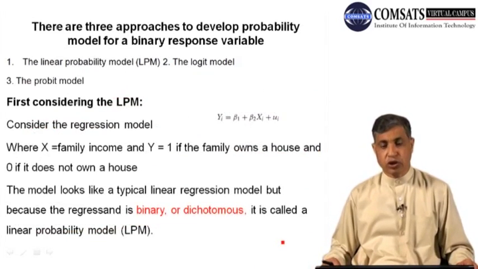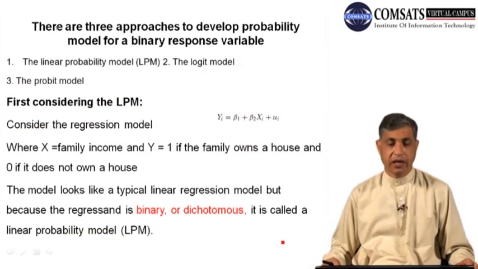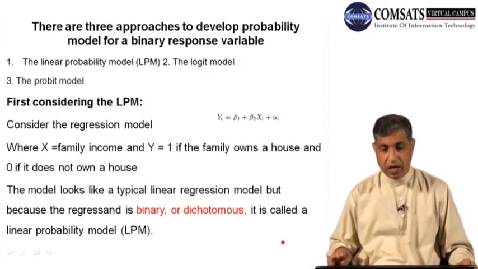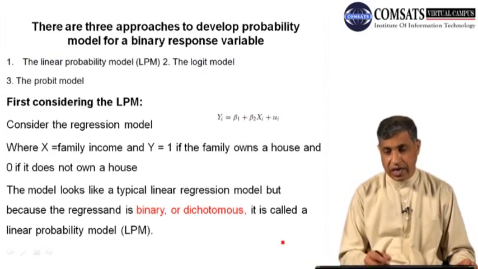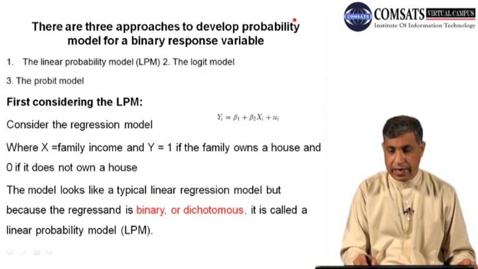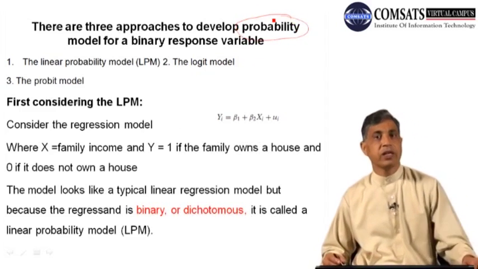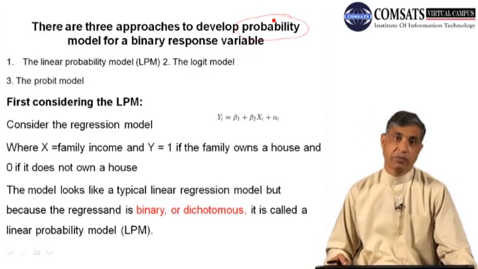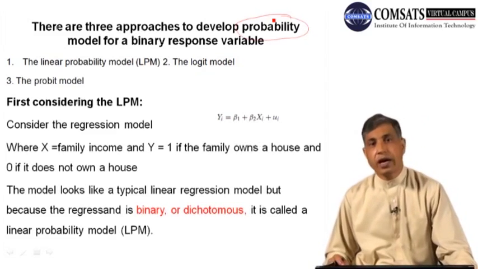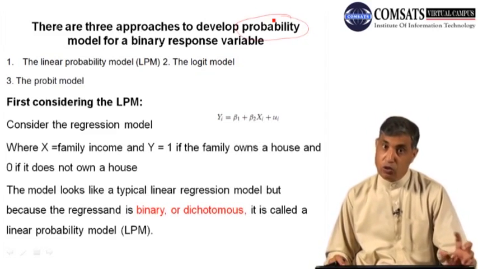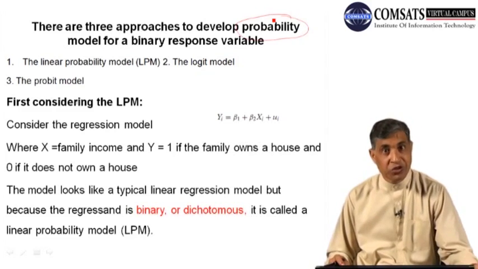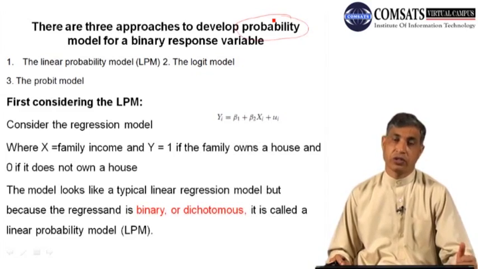There are three approaches to develop a probability model for a binary response model. Immediately you will notice that a new word has entered this domain, and that is probability. In the previous regression model, we were not using probability. Now the probability concept enters, because either you own a house or you do not own a house.